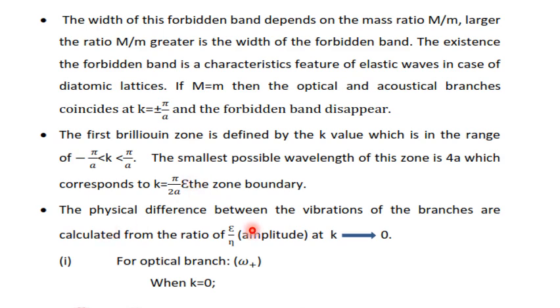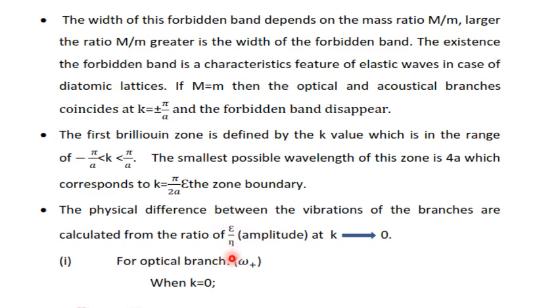The physical difference between the vibrations of the branches is calculated from the ratio of epsilon by eta at k tending to 0. Epsilon is the amplitude at the optical branch, and eta is at the acoustic branch.